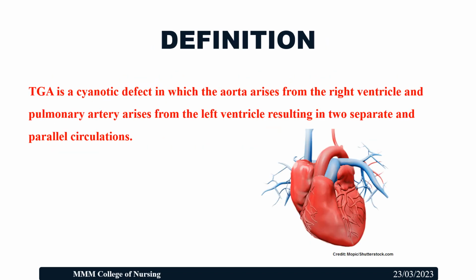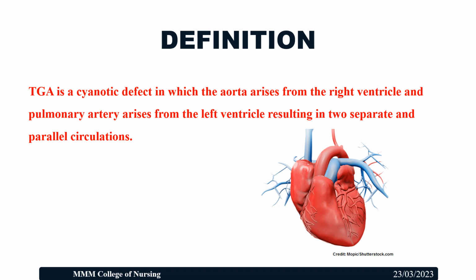birth. So, for the proper definition, transposition of great arteries is a cyanotic defect in which the aorta arises from the right ventricle and the pulmonary artery arises from the left ventricle, resulting in two separate and parallel circulations.